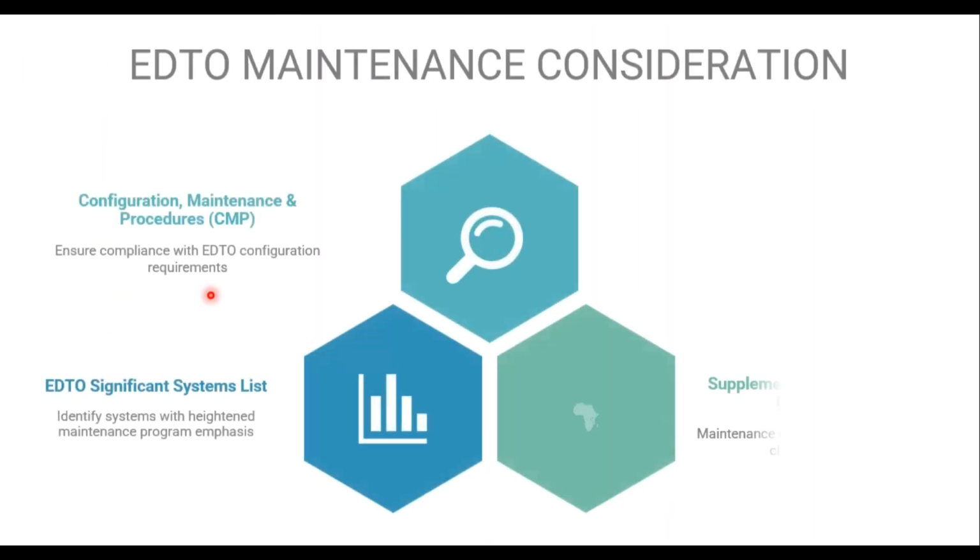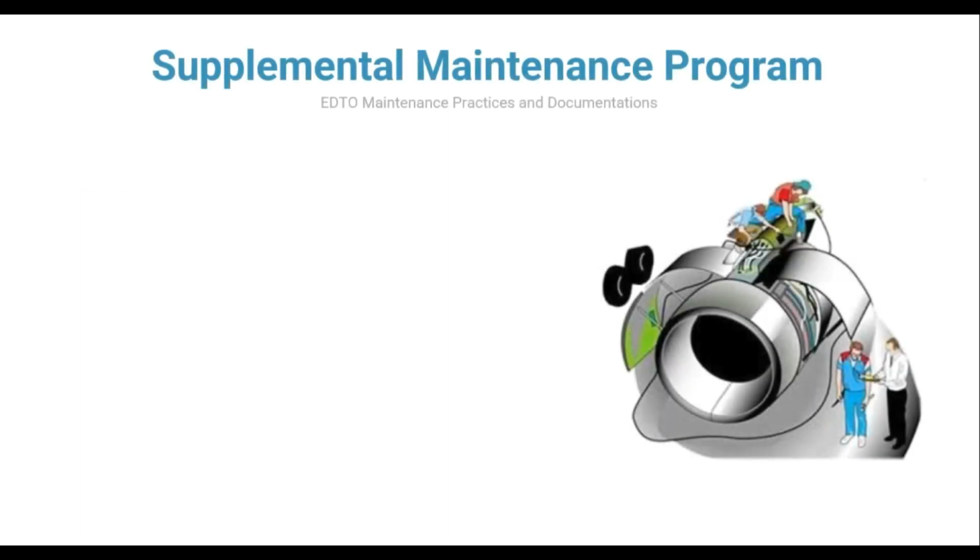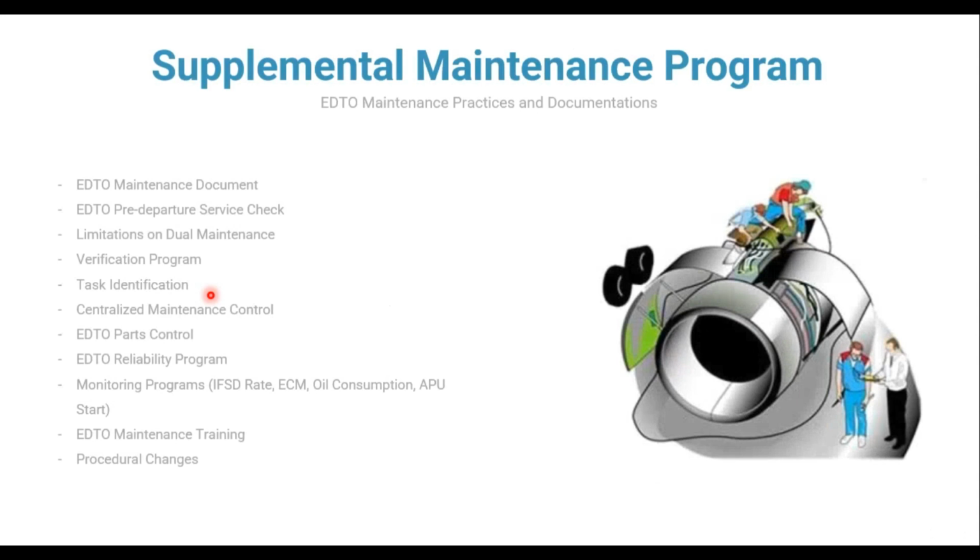So for maintenance considerations, we consider something called the configuration maintenance procedure, the EDTO significant system list, and the supplemental maintenance programs. I will just go very quickly through the maintenance part.